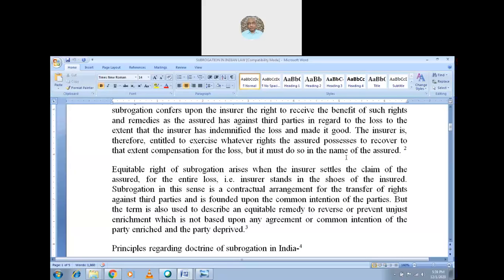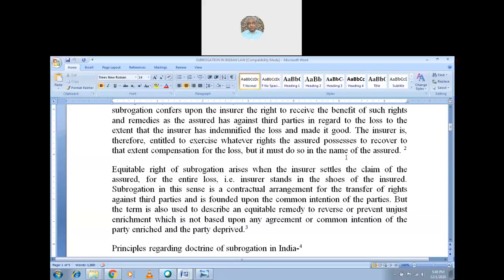is a contractual agreement for the transfer of rights against third parties and is founded upon the common intention of the parties. But the term is also used to describe an equitable remedy to cure or prevent unjust enrichment, which is not based upon any agreement or common intention of the party enriched and the party deprived.